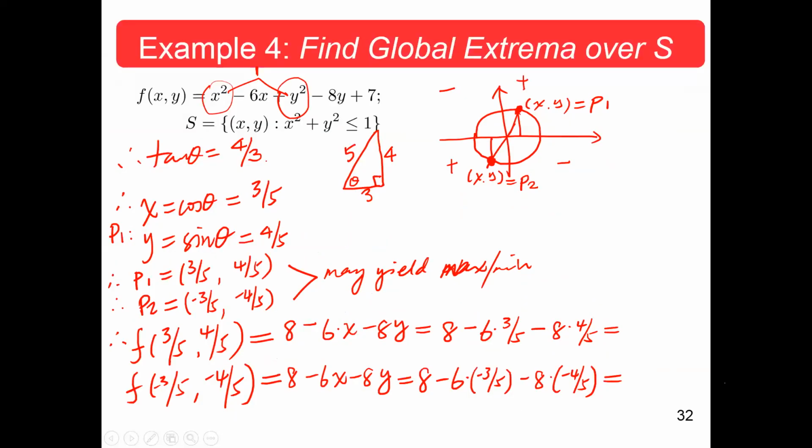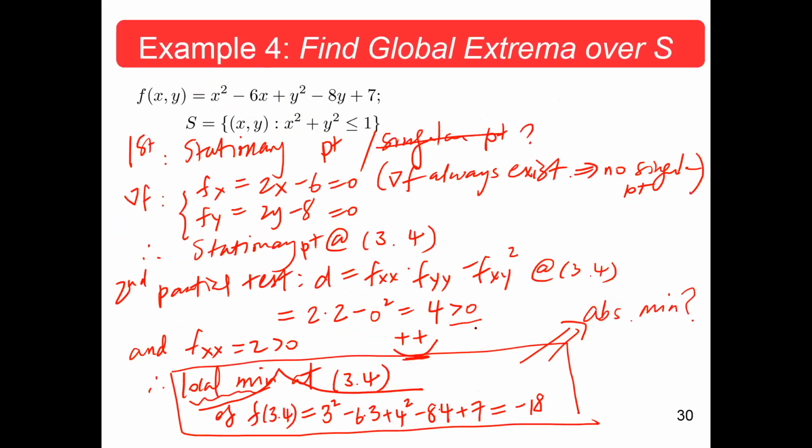Folks, have you got this? The function values? Okay, what is f of 3/5, 4/5? -2. What is the second amount? 18. Okay. Great. So we've got these two function values, but what's our final conclusion then? Shall we consider all those extreme values we have got so far?